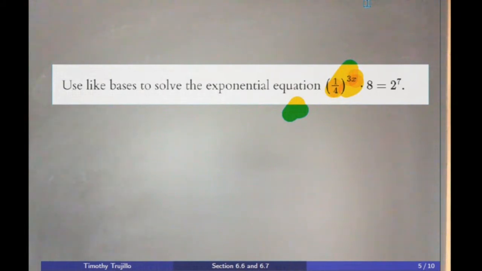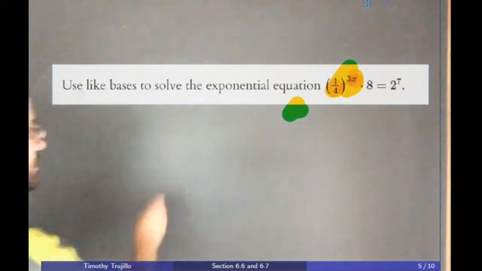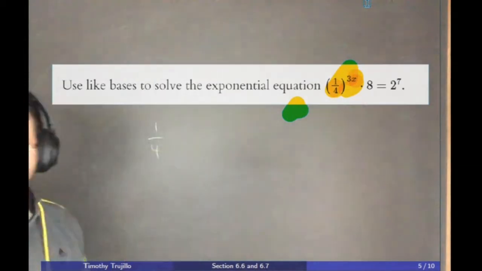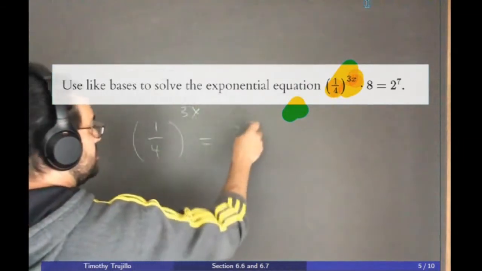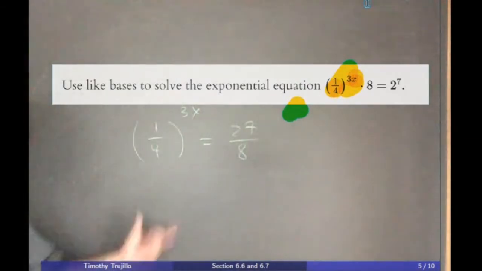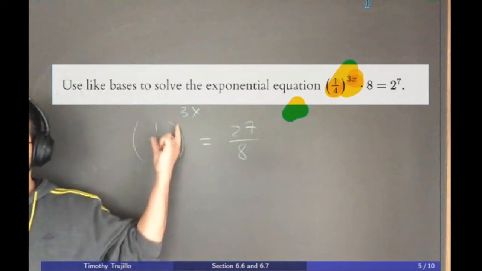So again, we're trying to get the 1/4 to the 3x here on its own. Yeah, so that's right. We just want to divide by the 8. And let's just say we don't even know what 2 to the 7 is yet. Like, we haven't typed it into a calculator or tried to compute it yet. All we're doing is writing it as 1/4 to the power of 3x is equal to 2 to the 7th divided by 8. And again, all I'm trying to do is isolate this thing like if I were isolating the x on its own.